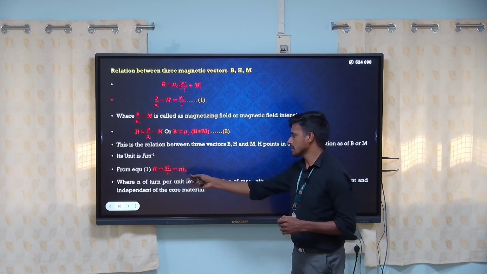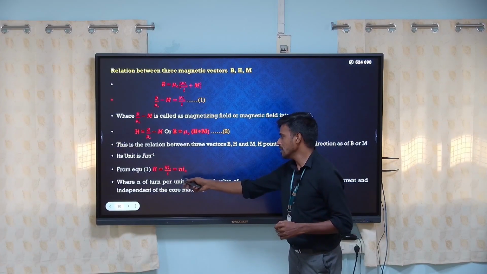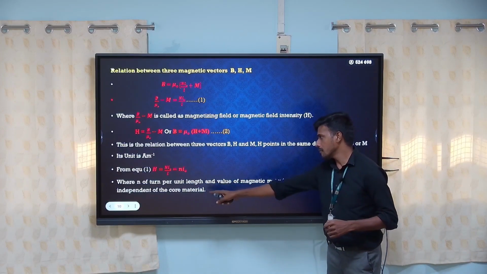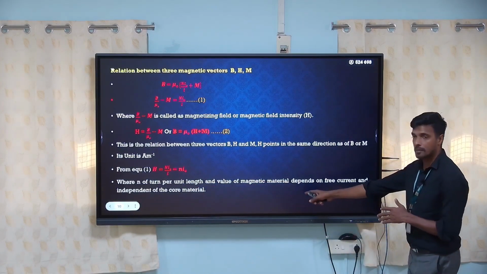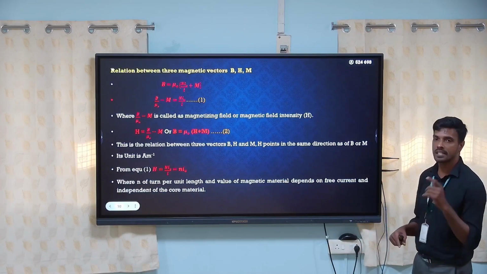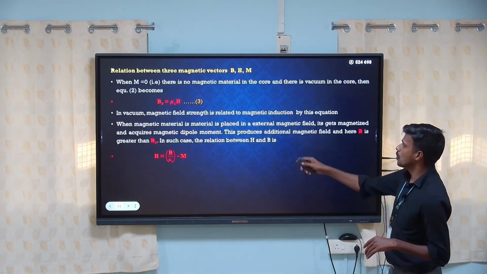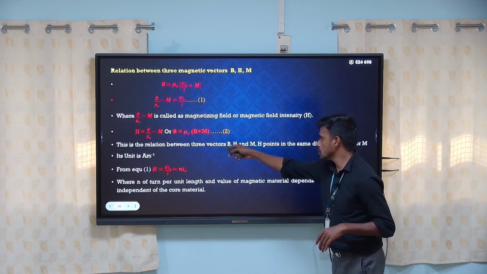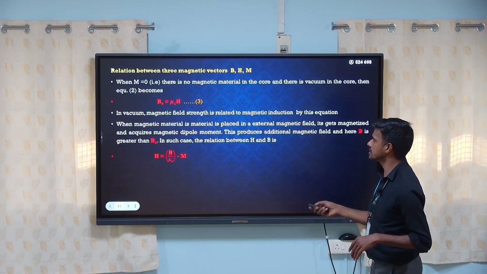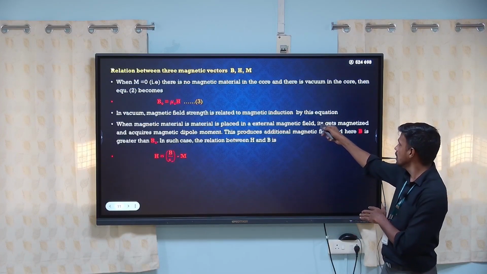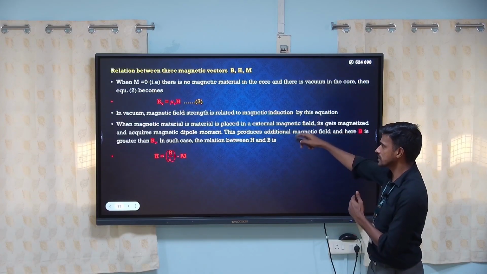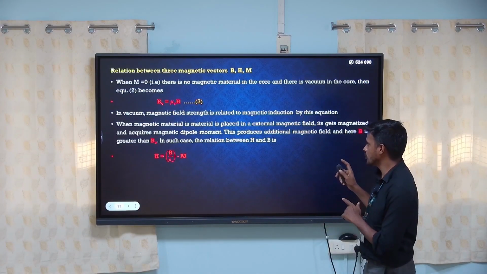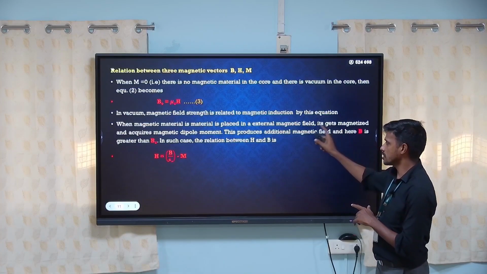H is nothing but N I naught by L, which equals n I naught, where n is the number of turns per unit length, and the value of H depends on the free current and is independent of the core material. When M is 0, there is no magnetic material in the core and there is vacuum in the core, then equation 2 becomes B is equal to mu naught H. In vacuum, the magnetic field strength is related to the magnetic induction by this equation.